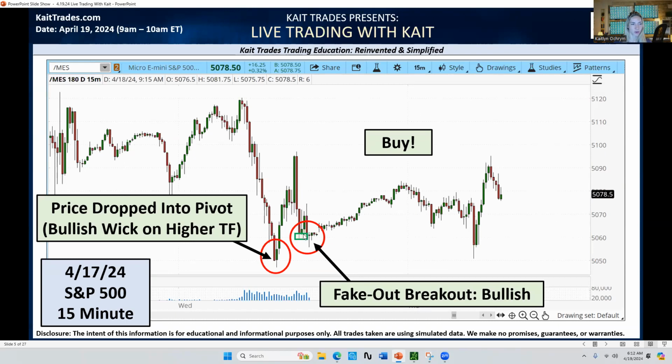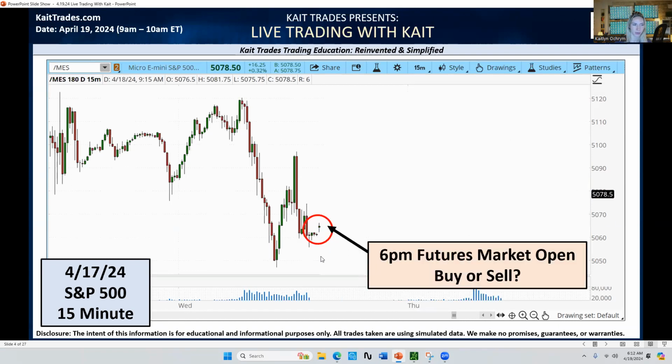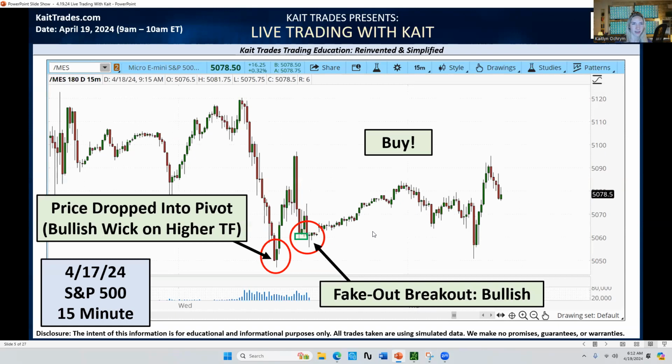So who noticed that just prior to that gap up, we had a fake out breakout? Good one, Russ. Low on the curve, absolutely. And see after that pullback too. So another thing to keep an eye on is when you have a fake out breakout. Just to the left of it, we had a small area of support that got broken through, and then price quickly reversed back up.